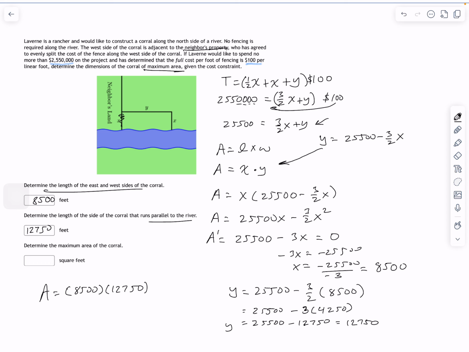Let's do that on the calculator. That equals 108,375,000. Okay, that's a lot of square feet.